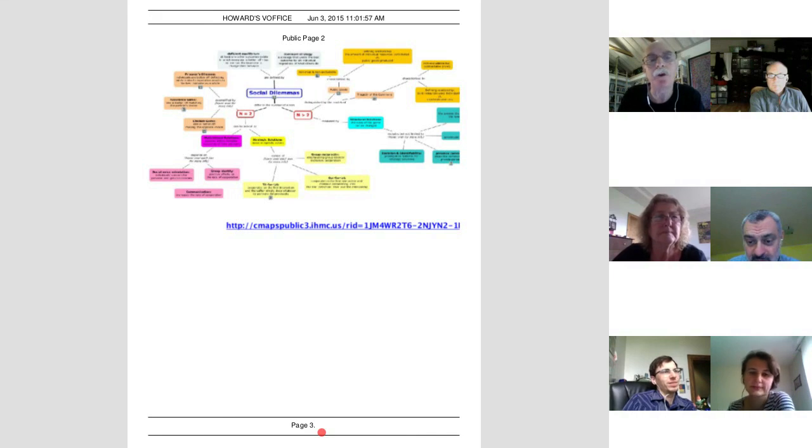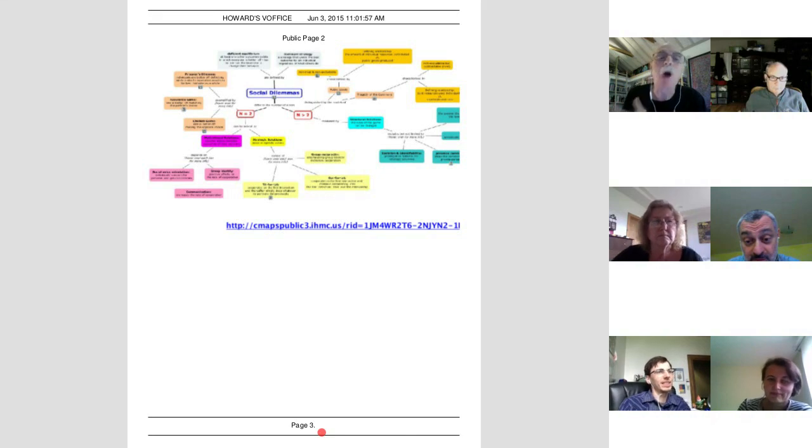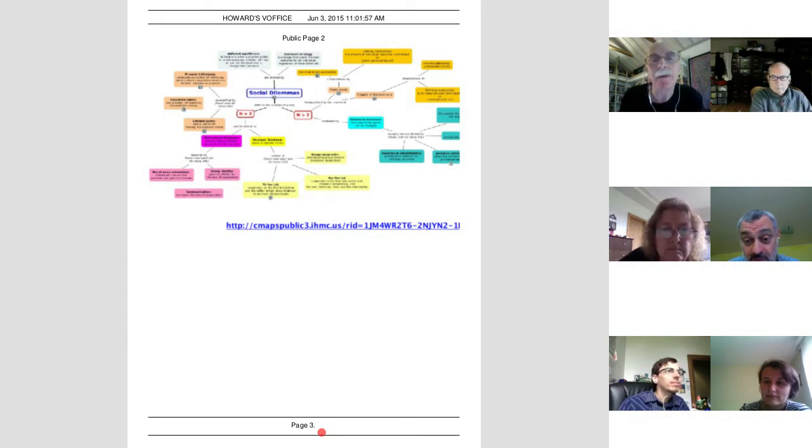So we're going to talk about social dilemmas this week. I've asked people to get ahead of the readings so that we can spend the week, starting today, talking about them in the forums and the blogs. This slide is of a concept map. It's one of the texts. A smart student of mine at Stanford made it to show some of the connections between the different aspects of social dilemmas.